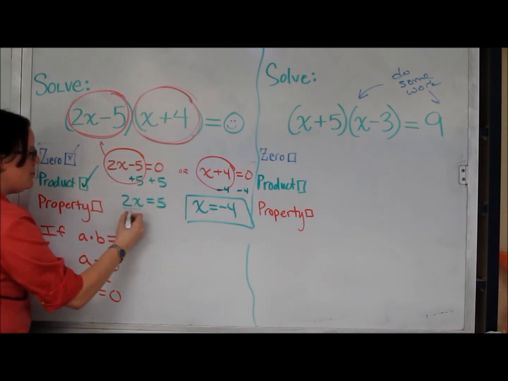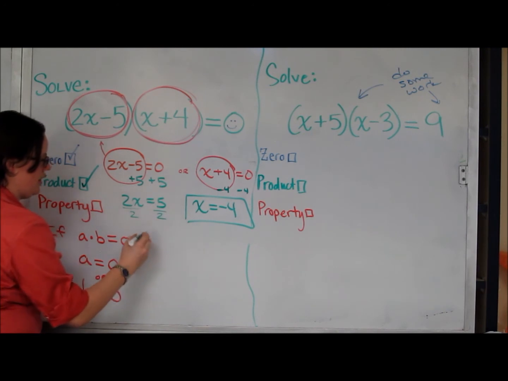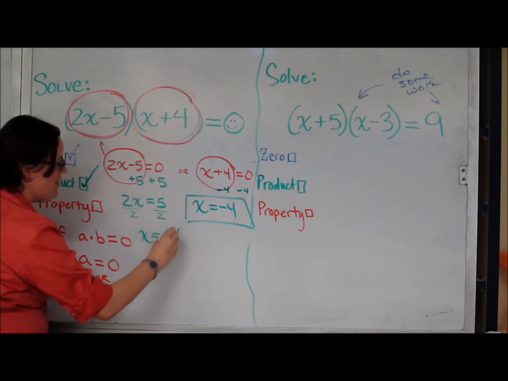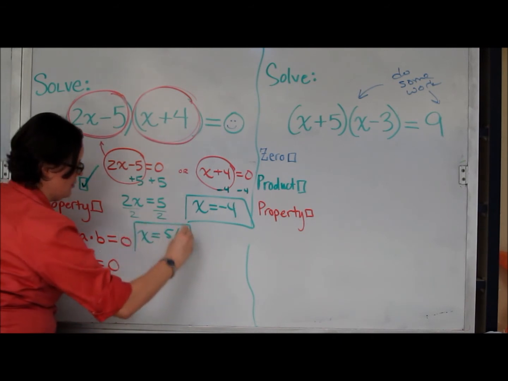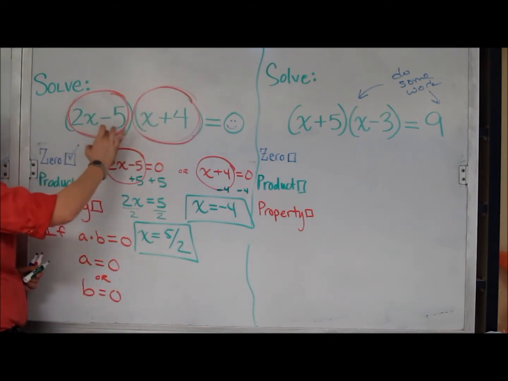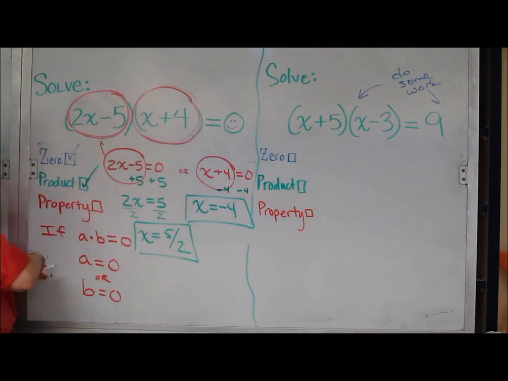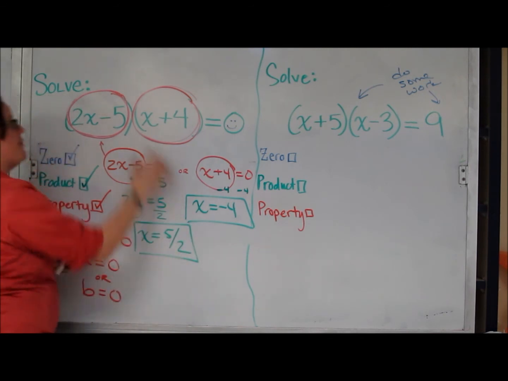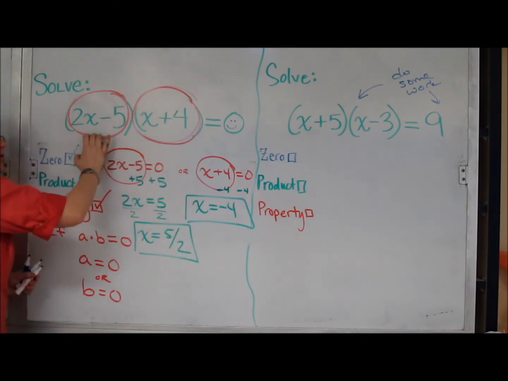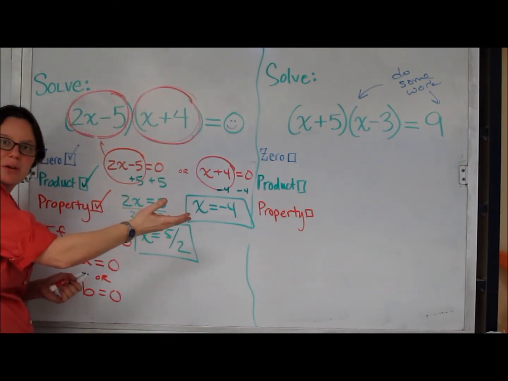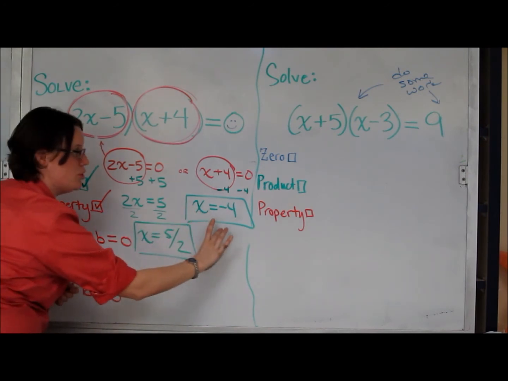And then I will divide by 2 on both sides, securing the fact that if x is equal to 5 halves, this whole factor becomes 0, and I have 0 times something, which makes 0. It works. I've successfully applied the property. I found 2 values of x that if I plug them in, make a factor 0, thus making the whole multiplication problem 0. These are my solutions.